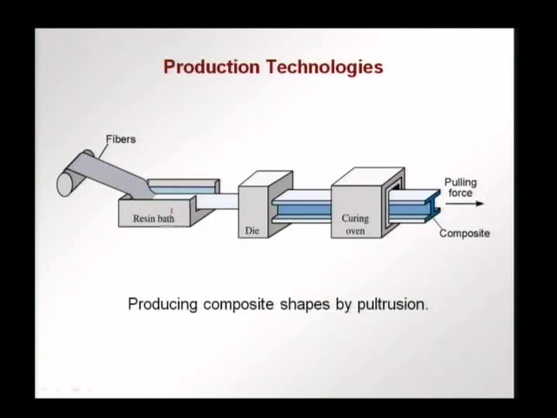Before it goes into the die, there is a resin bath which is giving the matrix. The fibers go through this resin bath and are pulled through the die, giving it the proper shape. So you can have composites again with different shapes, not just flat elements, which can be obtained through pultrusion.